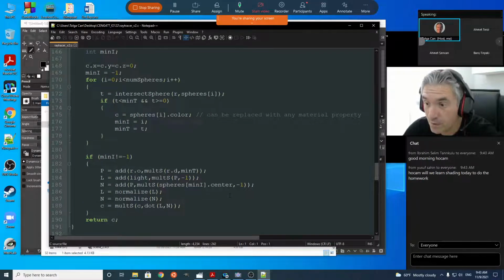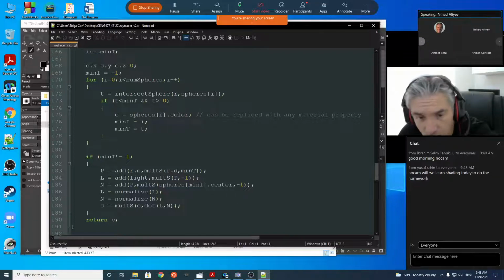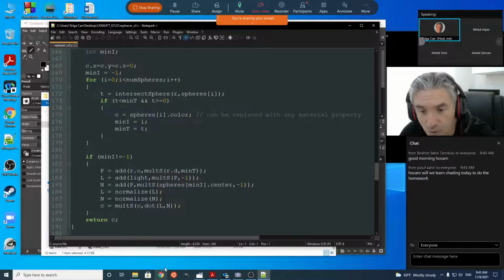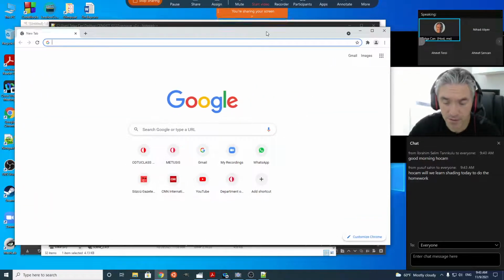Yes, we will learn to do shading today to do the homework. Where did you share these codes? I shared this code on OptiClass. Like in the section part or all sections? All sections part. Oh, okay. In all sections, let me see. Thank you. Let me check if you don't see it.